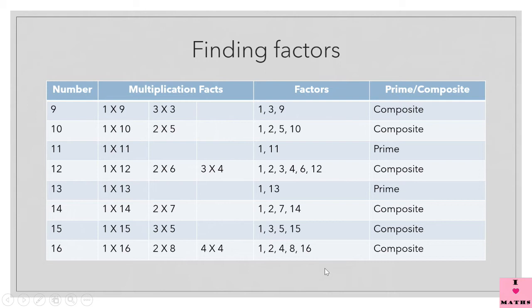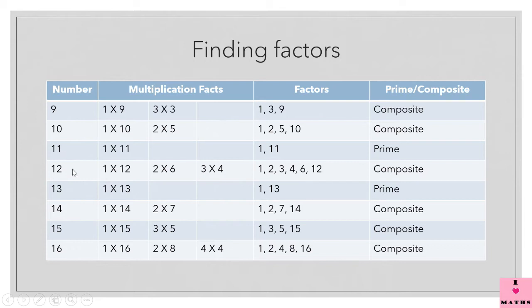Look at this slide. In this slide also, I have found out the factors of numbers from 9 to 16. Here, if you look at the numbers 11 and 13, these two numbers have got 2 factors only, beta. 11 has got 1 as a factor and 11 as the factor. 13 has got 1 as the factor and 13 as the factor.